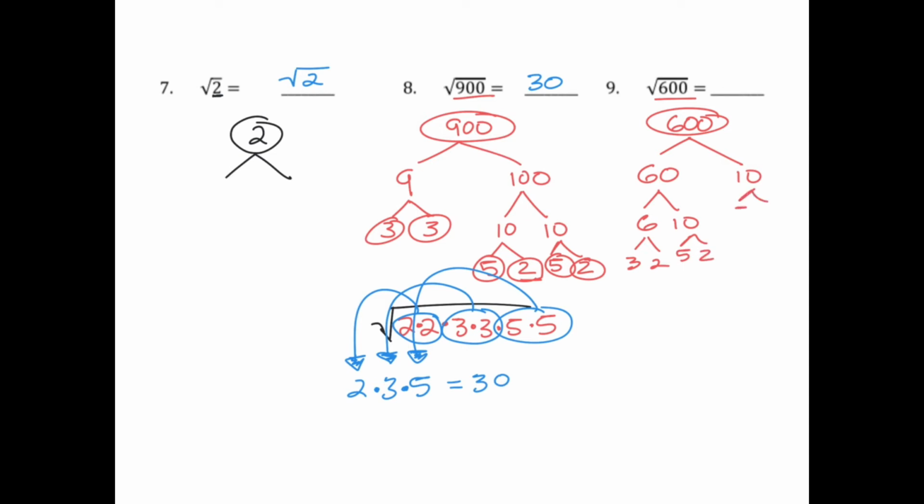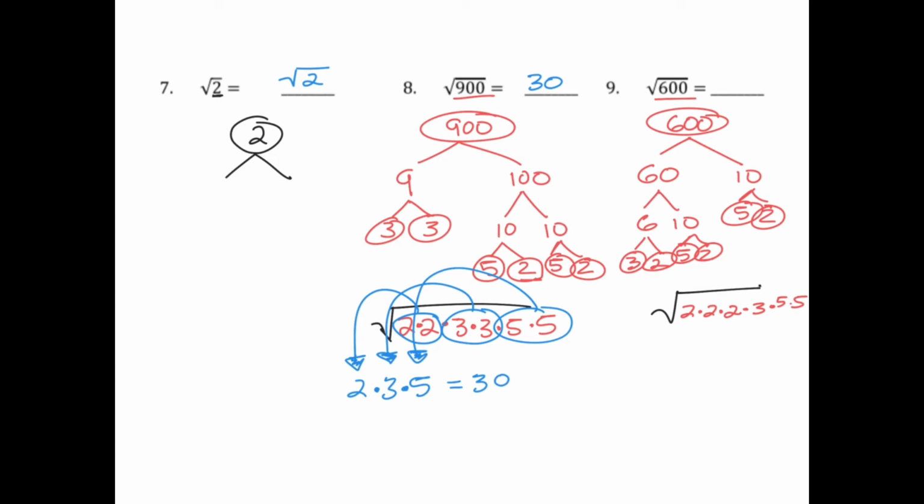Then I have another 10: 5 times 2. So when I write my root, what do I have in here? Three 2's. This is going to be a good example for us to see what happens with the leftovers. Then we have a 3, and then two 5's.